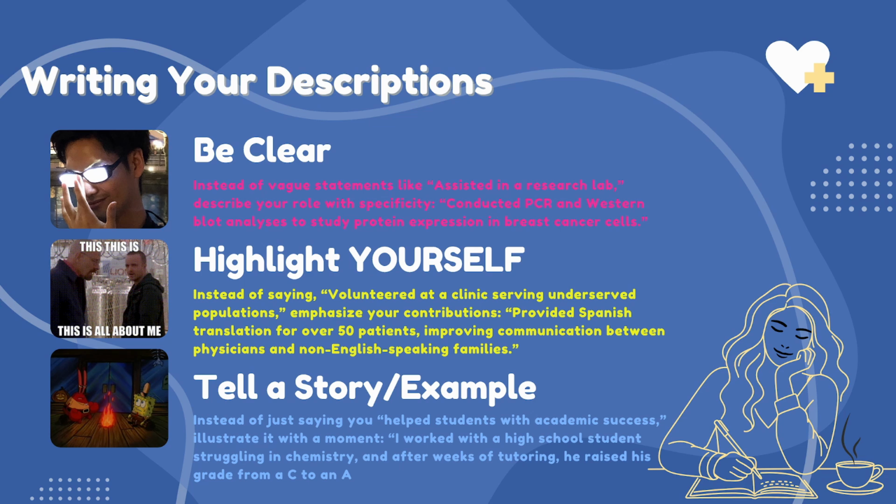Now we're going to be looking at some of my own non-clinical activities, and these are straight from my primary application. Nothing has changed except for some of the identifying information, like if I named a city or a school or a person, I may have changed that.